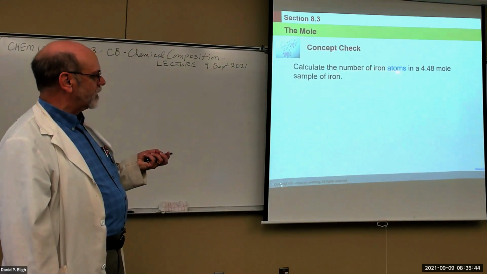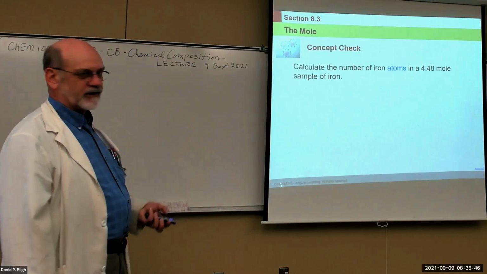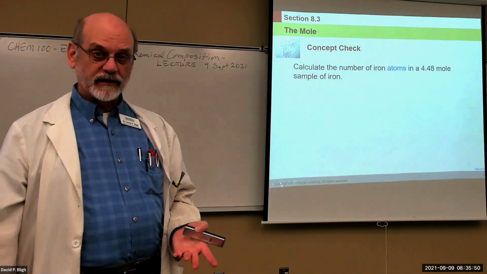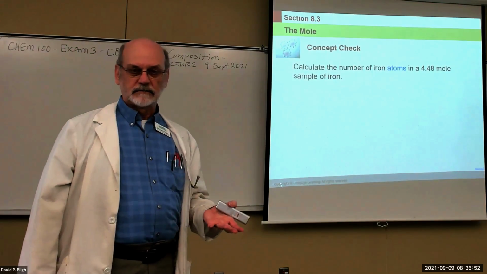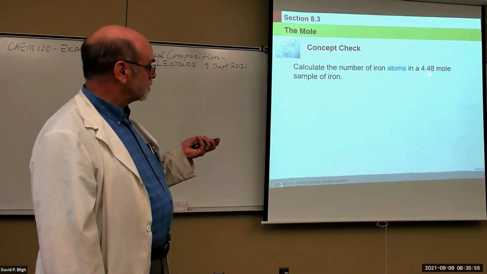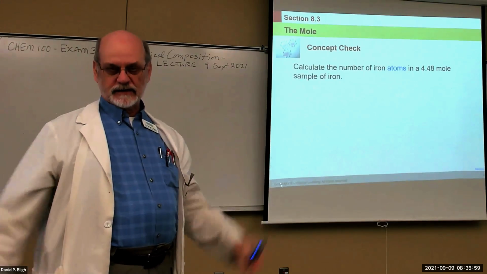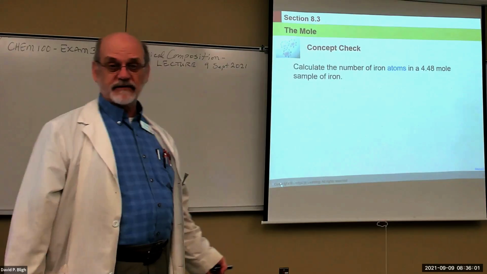Calculate the number of iron atoms in a 4.48 mole sample of iron. In this case, does it matter that it's iron? No, because the conversion is moles to numbers of atoms, and that's good for any element. We can have a mix of elements.